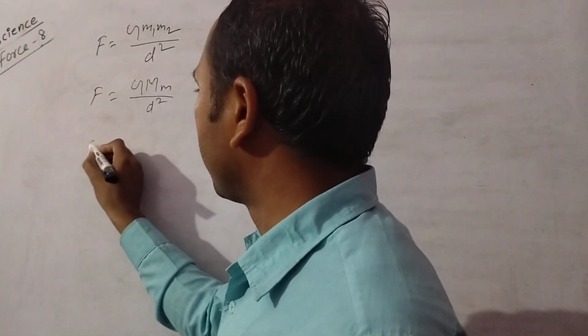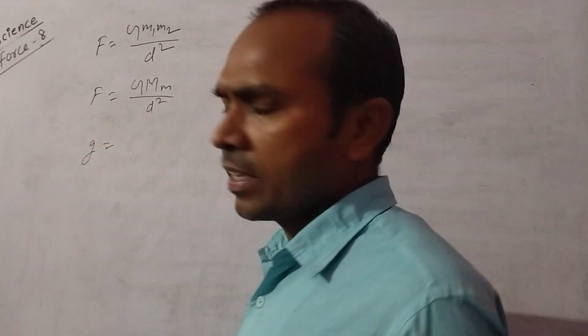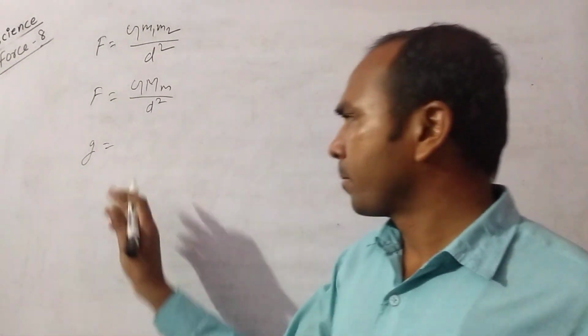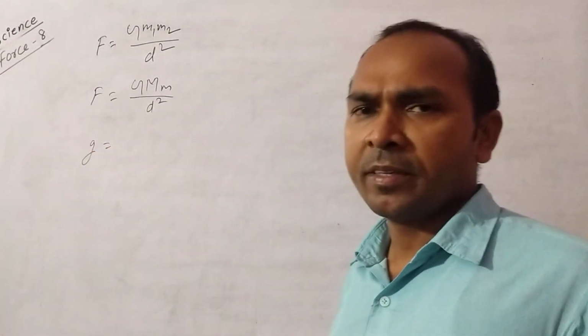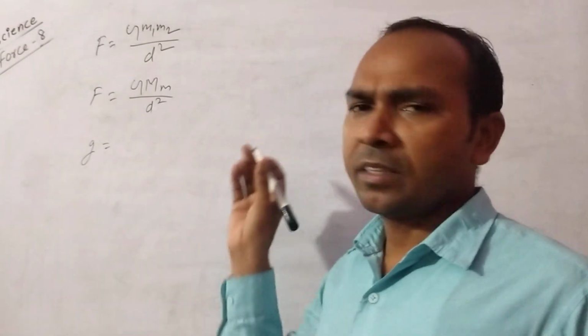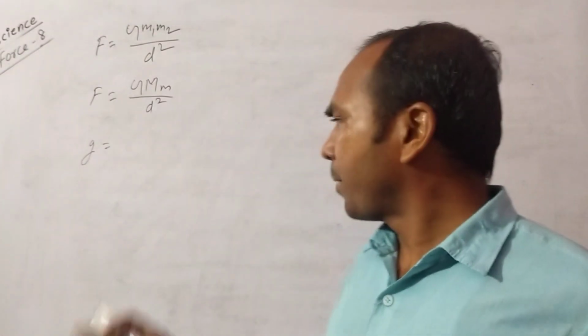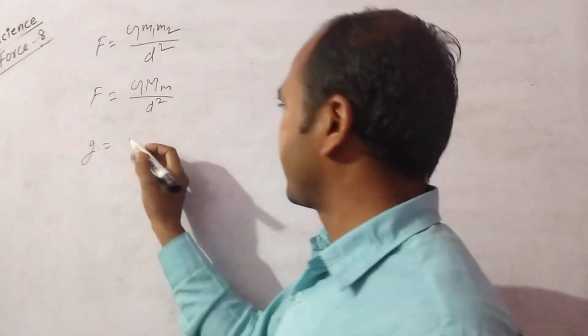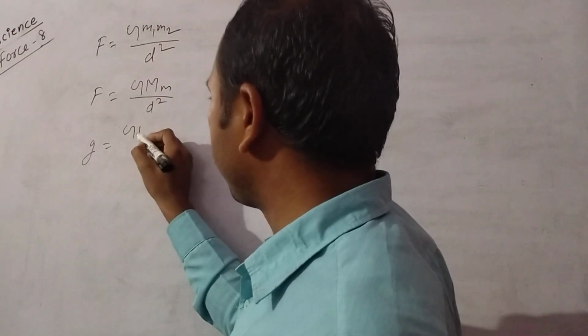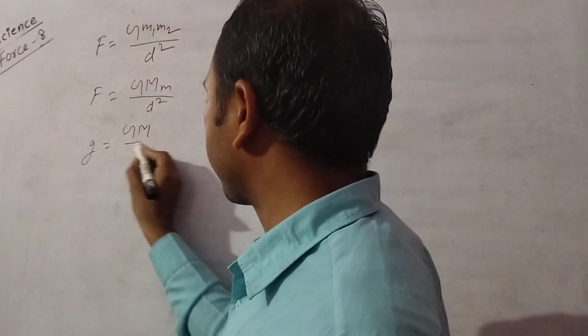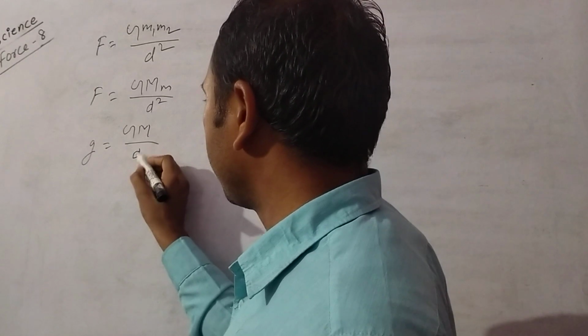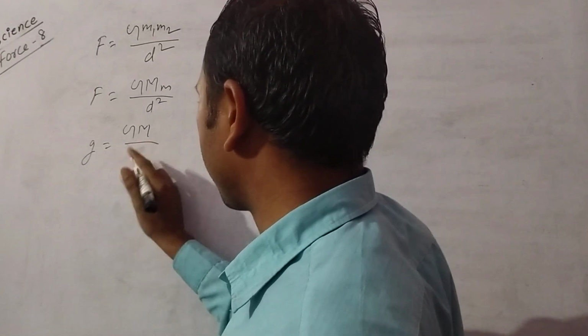Another, when we have to calculate acceleration due to gravity on any planet or heavenly body, then we have to take their mass and radius, as I derived this formula in previous classes: G M by r square.